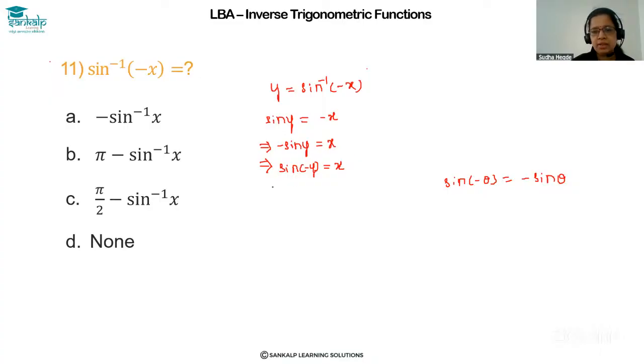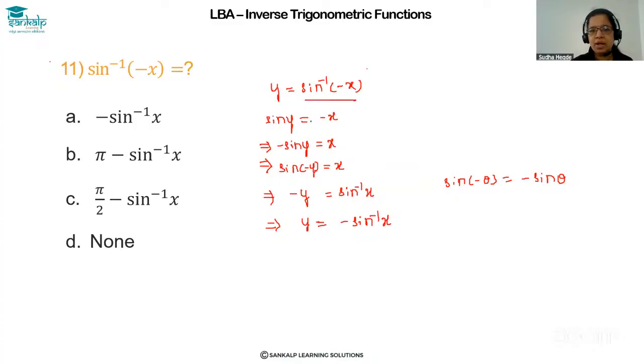It will become sine inverse. So minus y is equal to sine inverse x. Got it right? Okay. This implies y is equal to minus sine inverse x.